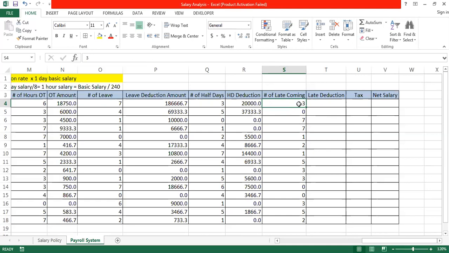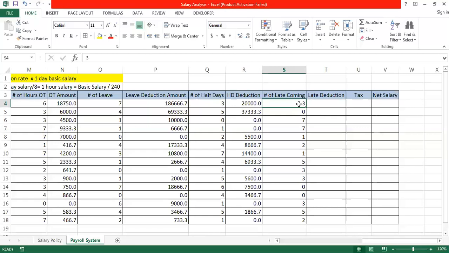So if 3 lates we have 1 day salary deduction, on six lates we have 2 days salary reduction, and on 9 lates we have 3 days salary reduction. So for 1 late no deduction, 2 lates no deduction, 3 lates 1 day deduction, 4 lates again 1 day deduction, 5 lates again 1 day deduction. If the rate is fixed, the same type of deduction for 3, 4, and 5 lates. And for 6 lates, again 2 days deduction.